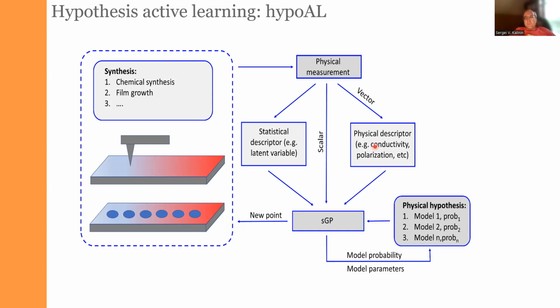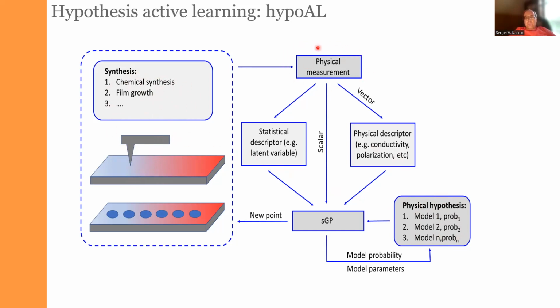But for the time being, let's just go to the case where the hypotheses are embodied in the form of models. So then what we want to do is to run some sort of experiment, whether we do synthesis, film growth, any kind of reaction. And let's assume that we do measurements one by one. So we explore the compositional space, we can explore the parameter space, choose your favorite experimental setting.